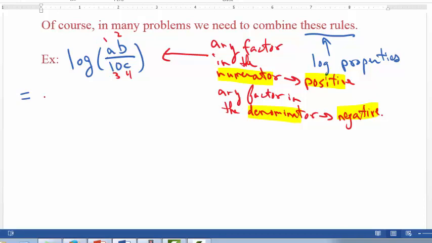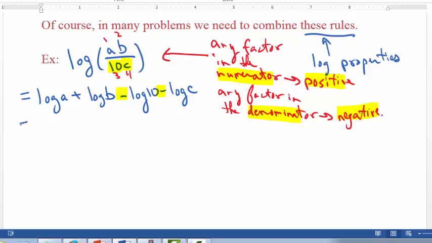I'm going to write it immediately as 4 separate logs: log of A plus log of B, because they were both in the numerator, minus log of 10 minus log of C. The ones in the numerator became positive, and the ones in the denominator, namely the 10 and the C, became negative.